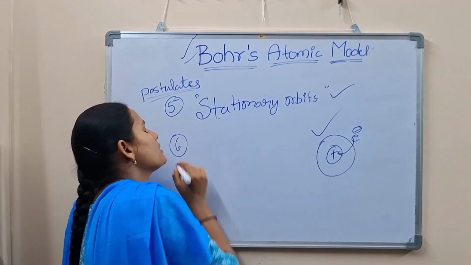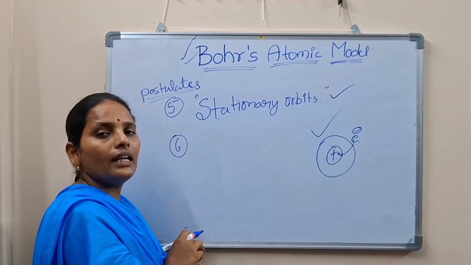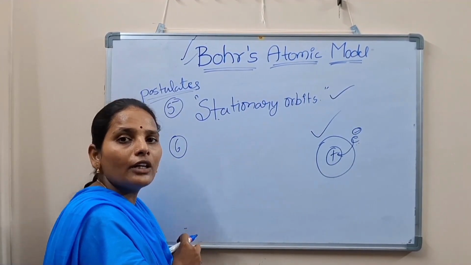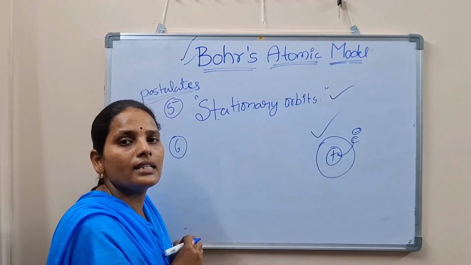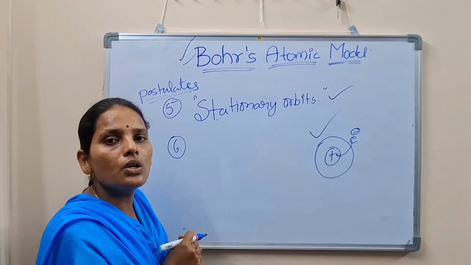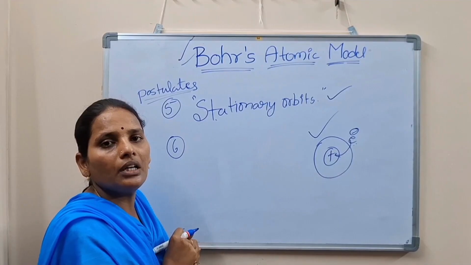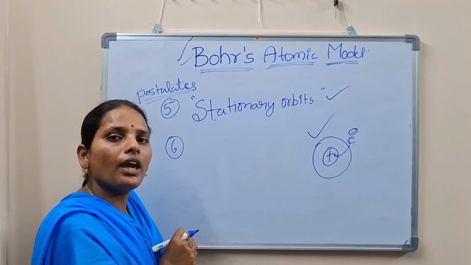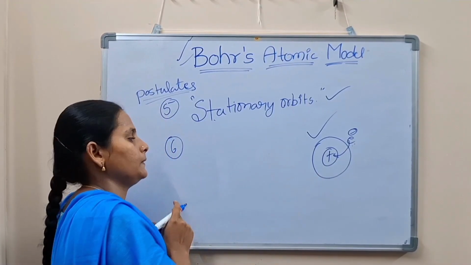Coming to the sixth point. He is telling that the electron revolves around the nucleus in a fixed orbit whose angular momentum is equal to an integral multiple of h by 2 pi, that is, nh by 2 pi.